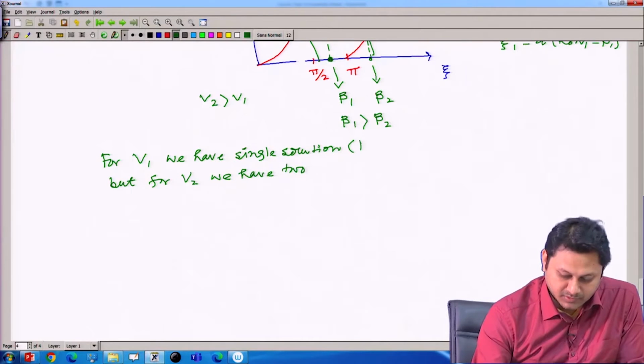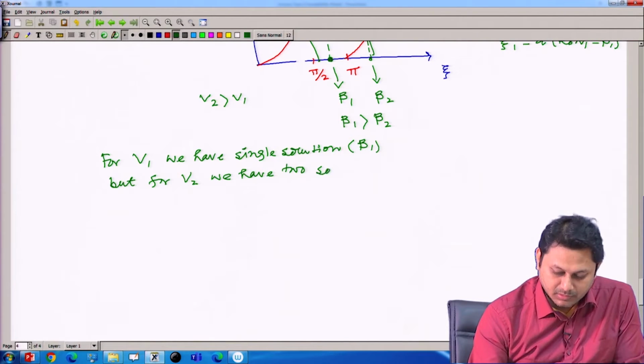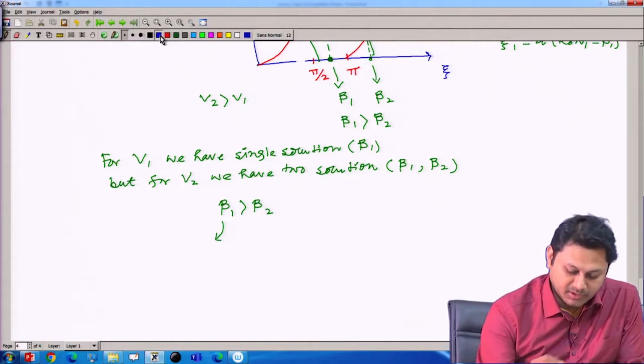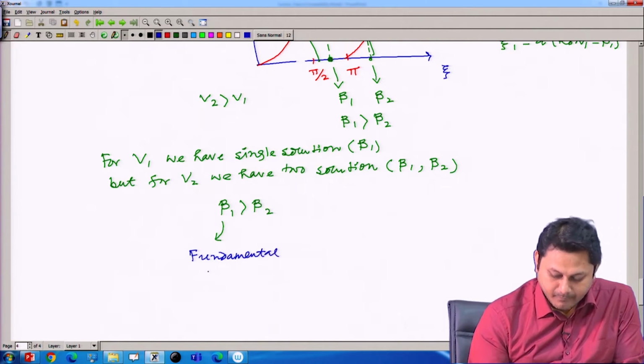The single solution corresponds to one beta, say beta 1, but for V2 we have two solutions. One is beta 1 and another is beta 2, and beta 1 is greater than beta 2, and this corresponds to the fundamental mode. So, the fundamental mode is a mode for which we have the highest beta.